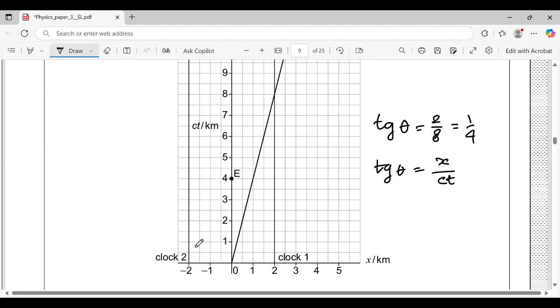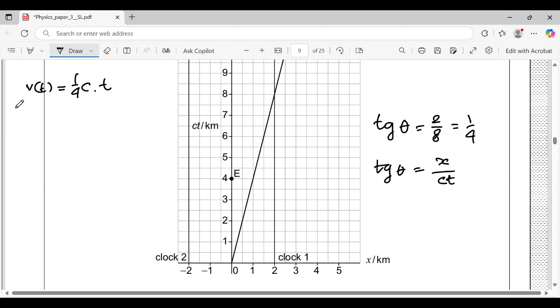So positions at time t we can determine through vt, or x of t, equal to 1/4 c times t, based on the information just now.